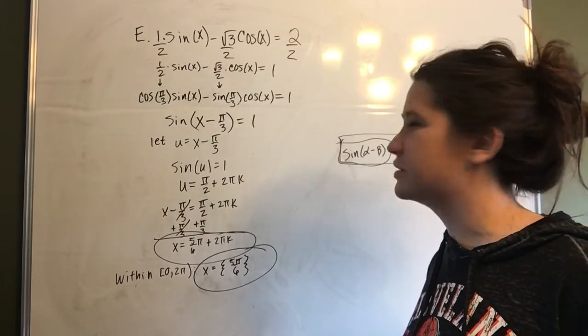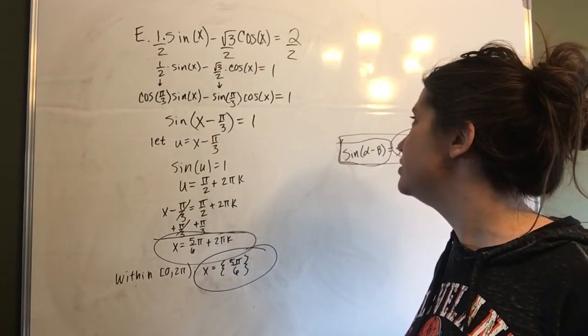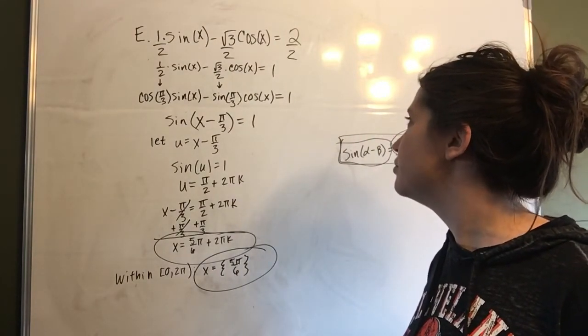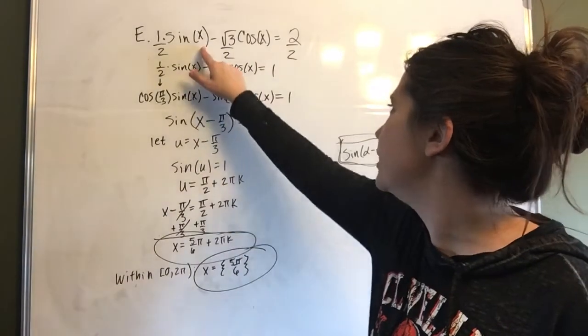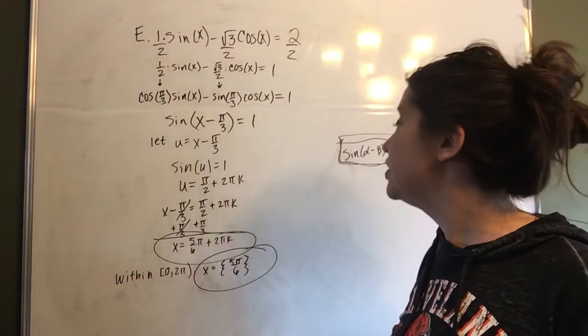Now, if you wanted to check this solution, you could take it and plug it in and type it in your calculator and see if it equals. Or we could graph.